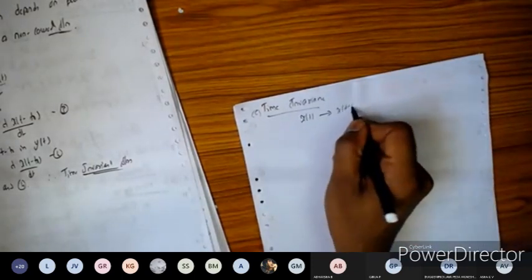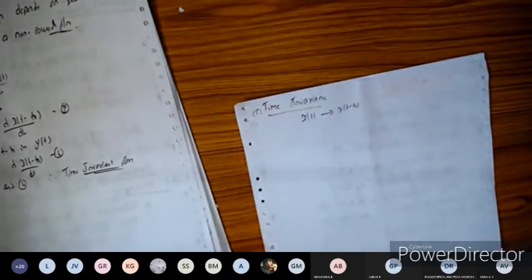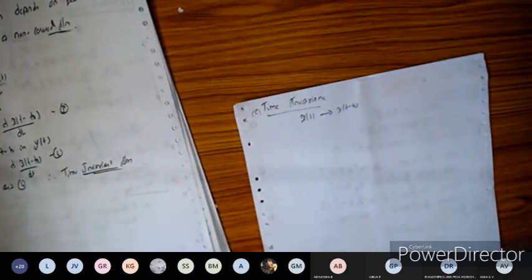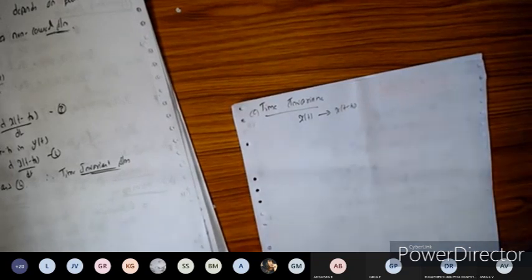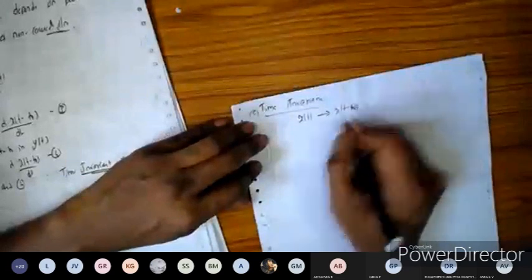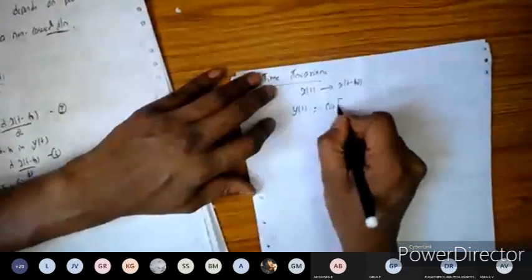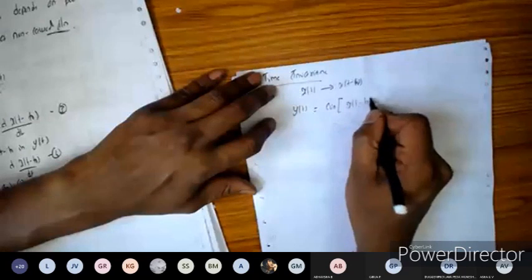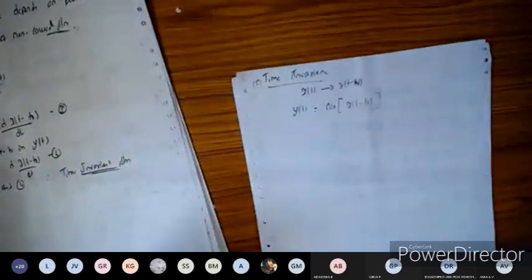So y of t has become cos of x of t minus t naught.